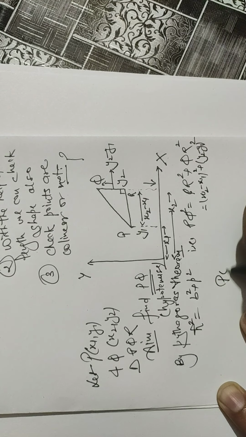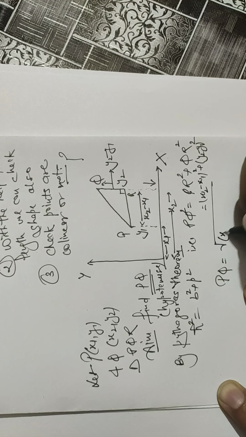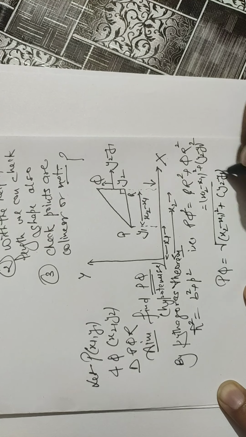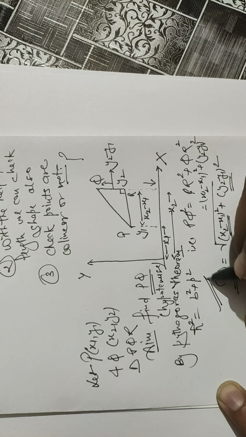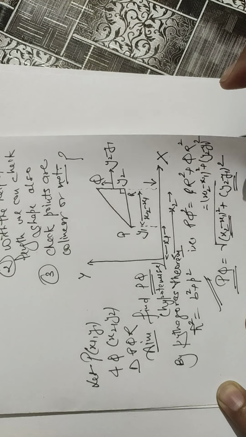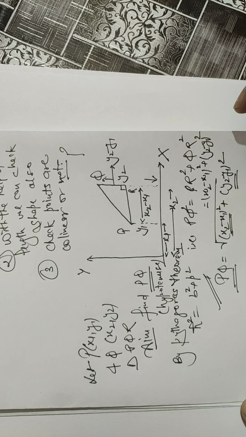So length PQ is the square root of (x2 minus x1) whole square plus (y2 minus y1) whole square. The distance formula is the difference of x coordinates squared plus the difference of y coordinates squared; adding these two and taking the complete square root gives the distance between two points. So it will be clear how we create the distance formula.